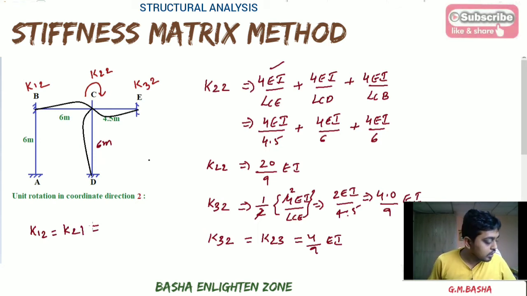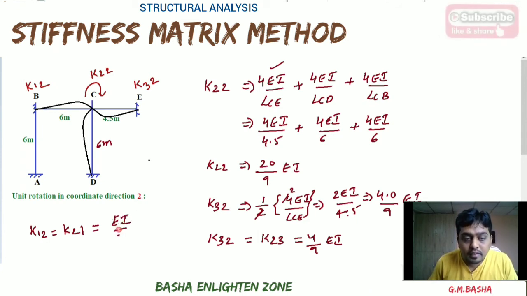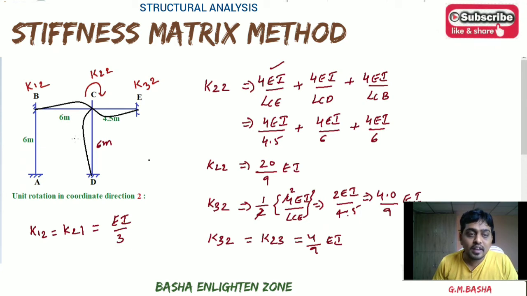K12 and K21 will be equal to, as we already solved, EI by 3. If you want, take half of the rotation moment 4 EI by L into half, you will get 4 by 6, again cancel to 2 by 3. So finally you will get EI by 3.